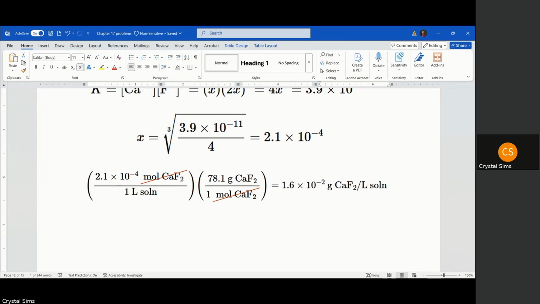That's how much will dissolve in 1 liter of solution to create a saturated solution. So not very much. Solubility of this we knew was pretty low. I mean, looking at the value of KSP, we knew the solubility was pretty low. Well, how low is it? We can dissolve 0.016 grams of it in 1 liter of solution.